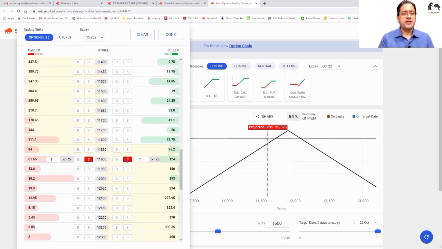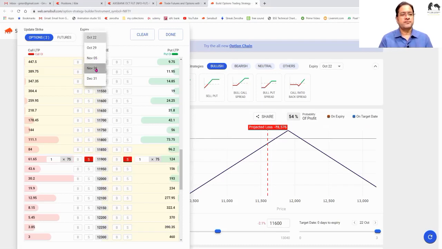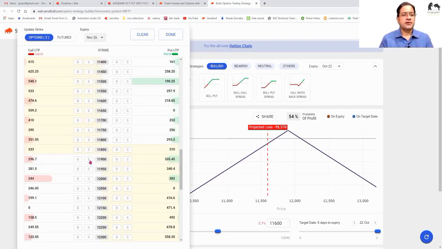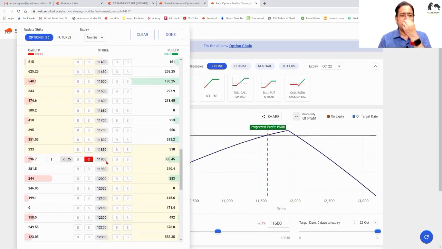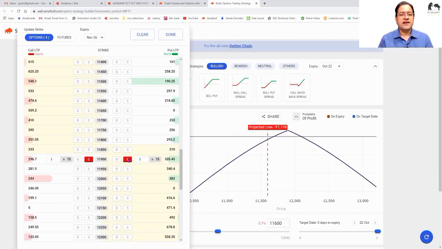Let me make it November 26th. When I'm doing this, 11,900 and 11,900, same strike price, cumulatively I've collected over 600 points of premium.